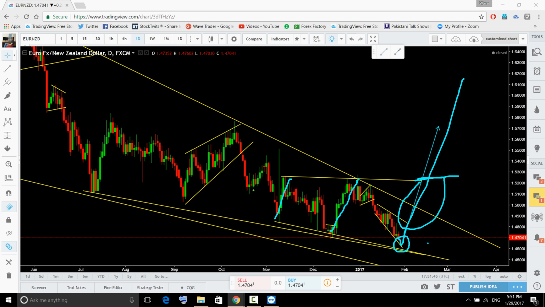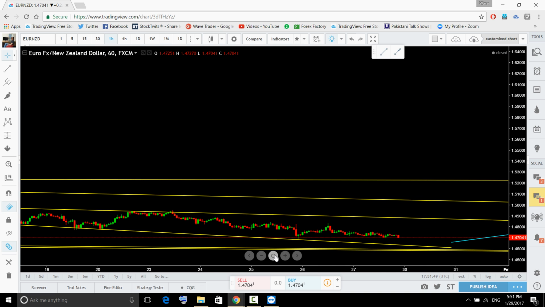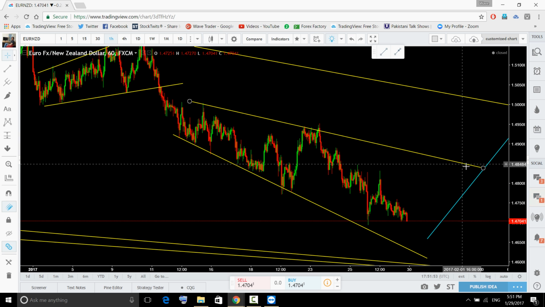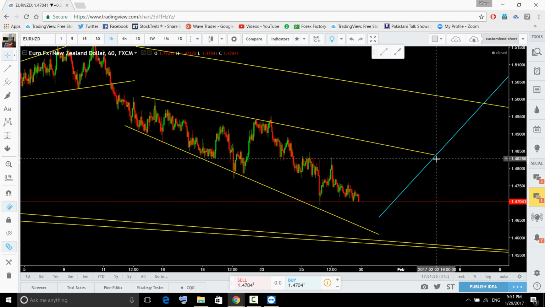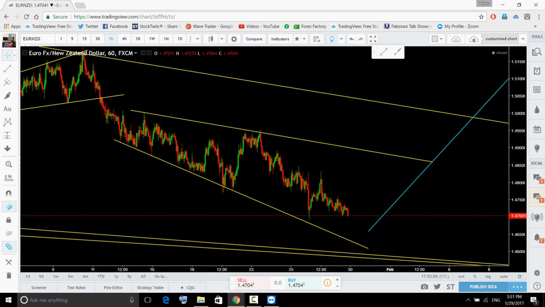And if price stays in the lower or short-term descending channel, then your target is within the channel rather than the bigger target to the upside. Yeah, this target.